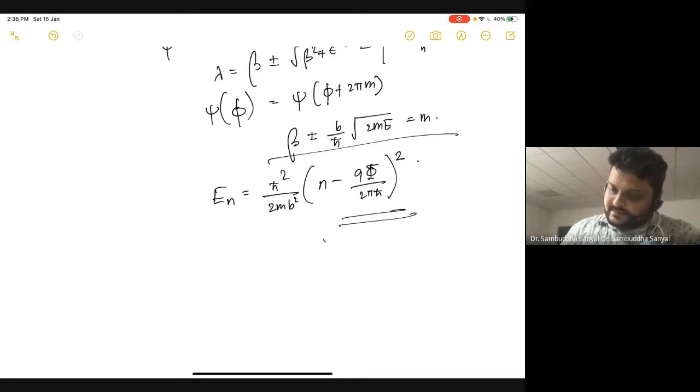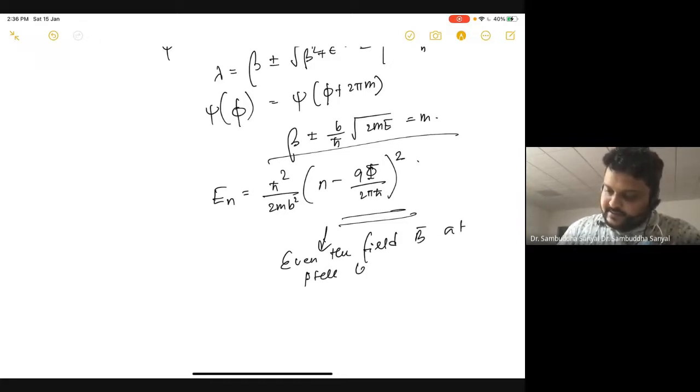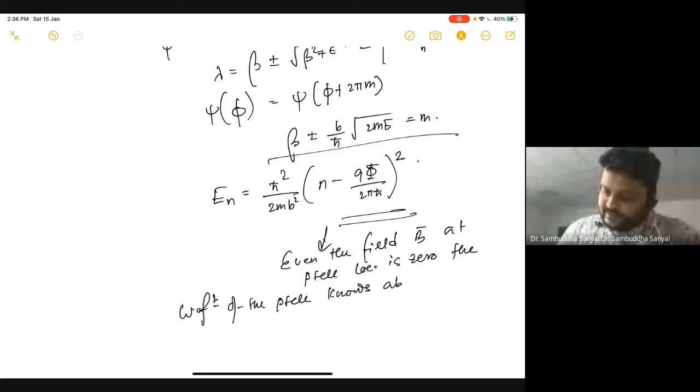So even if the field B at the particle location is 0, the particle knows, not the particle, the wave function of the particle knows about the B and couples with the potential.